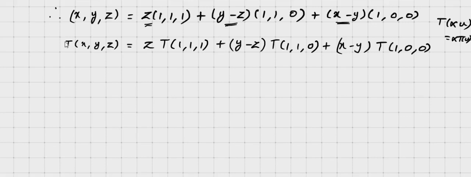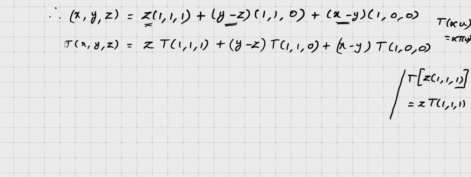Okay, so if I am applying here, that is T of z times (1, 1, 1), means the resultant will be, see, this (1, 1, 1) is a vector and z is a scalar. So I will get like this.